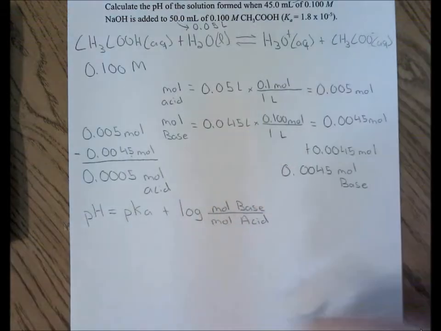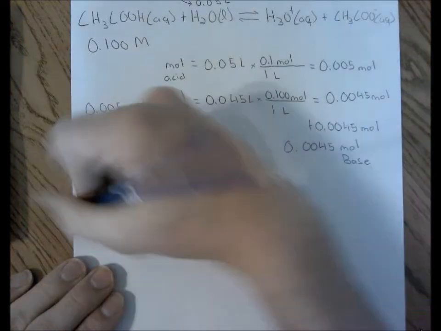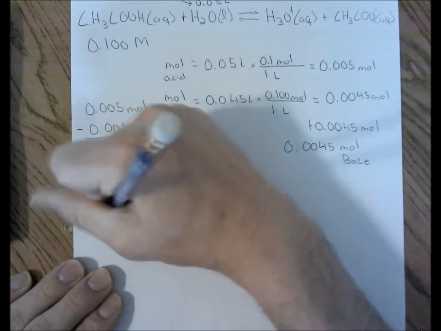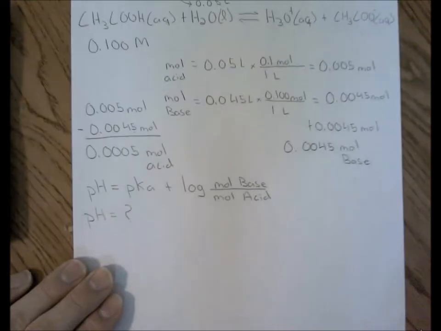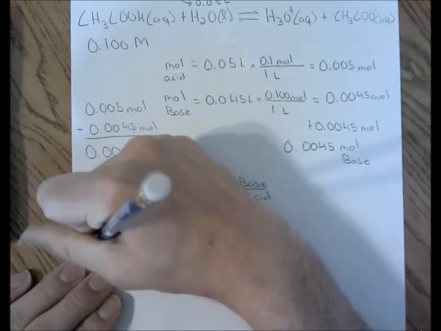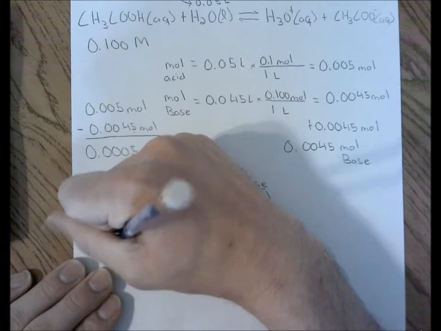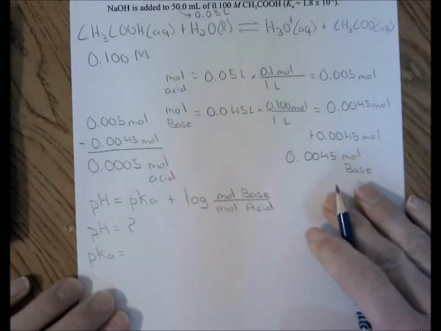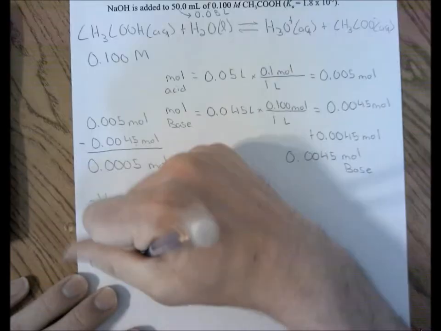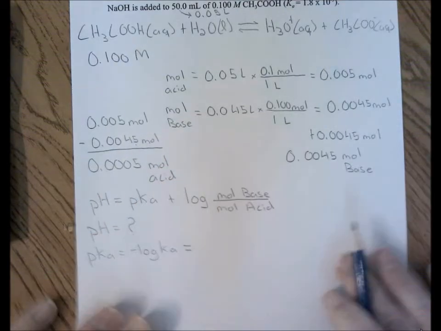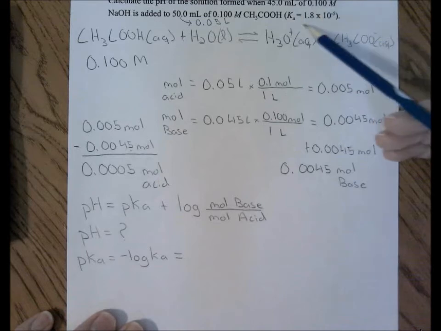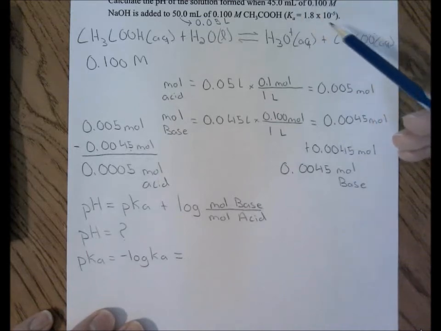So let's go through and see if we can solve this problem now. Our pH, that is what we are after. That is going to be our big question mark. Our pKa is not given to us outright, but remember our pKa is our negative log of our Ka, which was given in this problem to be 1.8 times 10 to the negative fifth.